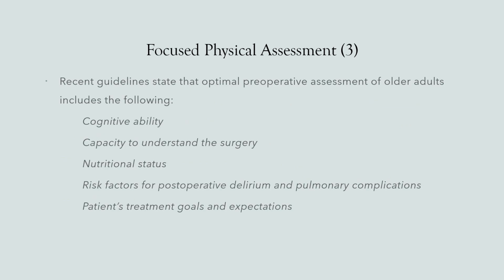Recent guidelines state that optimal preoperative assessment of older adults will include the following: cognitive ability, capacity to understand the surgery, nutritional status, risk factors for post-operative delirium and pulmonary complications, and then the patient's treatment goals and expectations.